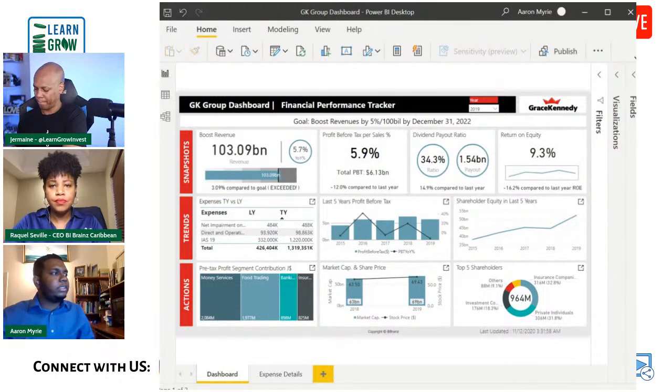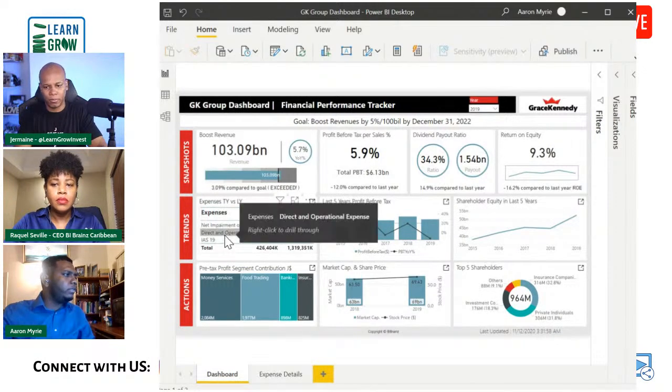Then we move on to the trends. The trends represent the causes as to why each of our KPIs may not be on target. The first one we look at is expenses. We compare the company's expense this year versus last year, and we can do a drill through. Right now, we are seeing a high level view of the expenses.